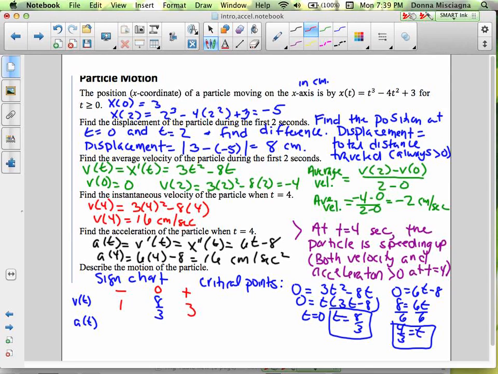Let's now evaluate the acceleration. Our critical point here is 4/3. That's a 0. So we need to plug in something on either side of that critical point.